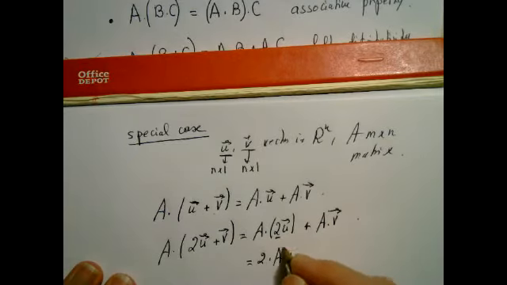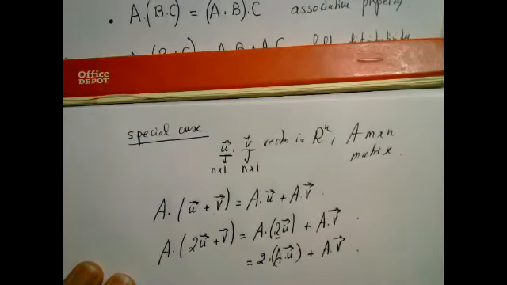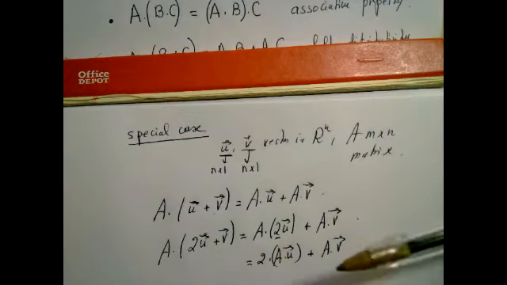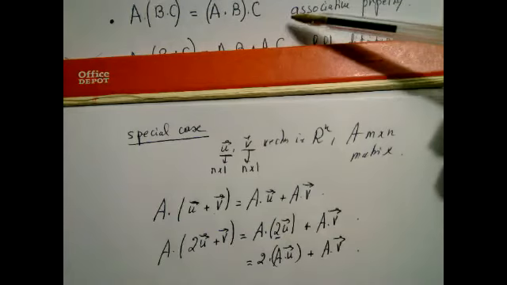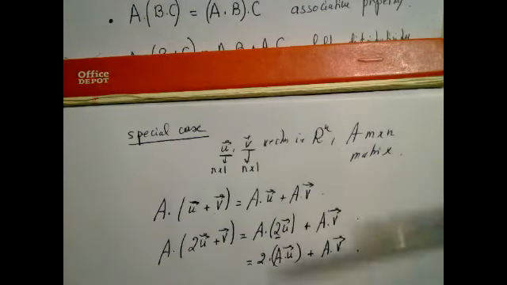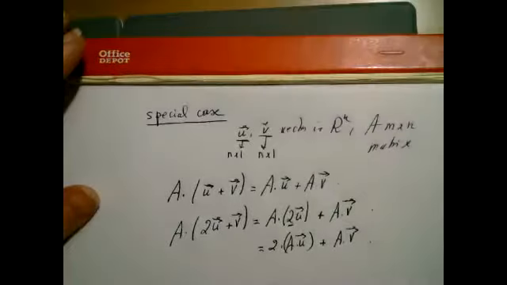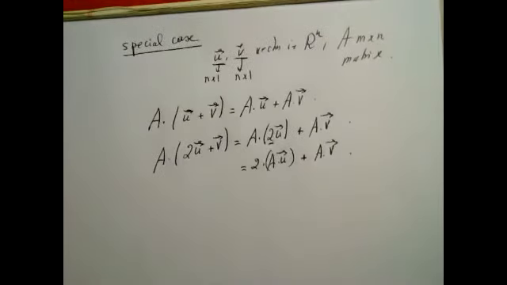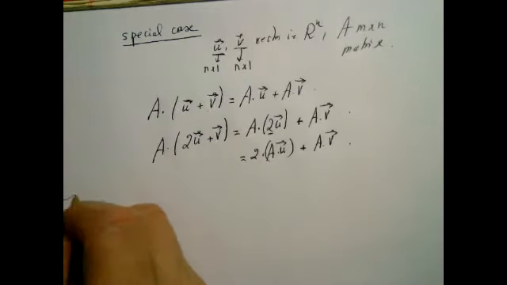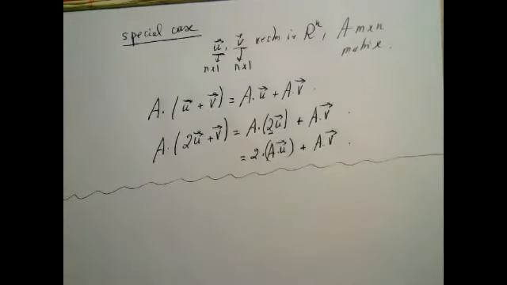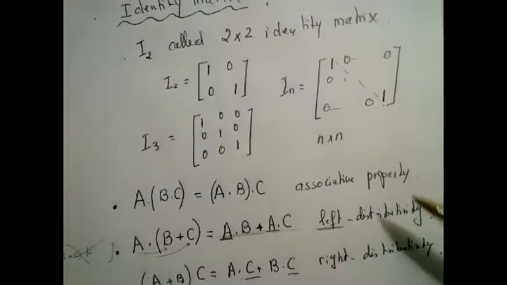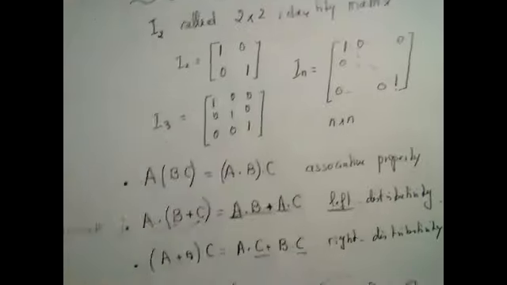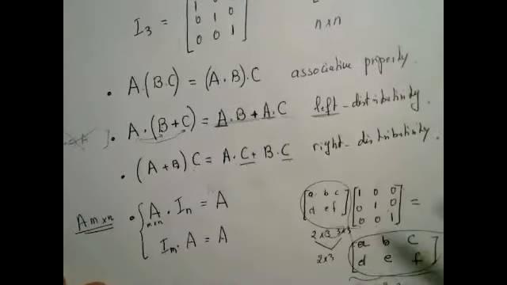So by looking at vectors as column matrices, we can use all the properties of matrices and apply them exactly to vectors. Now, we defined an operation on matrices, and I talked about what properties work. The associative property, the distributive property, and what we call the identity property, those work.